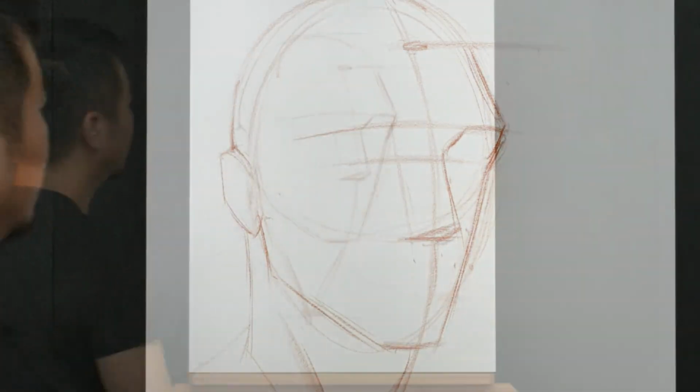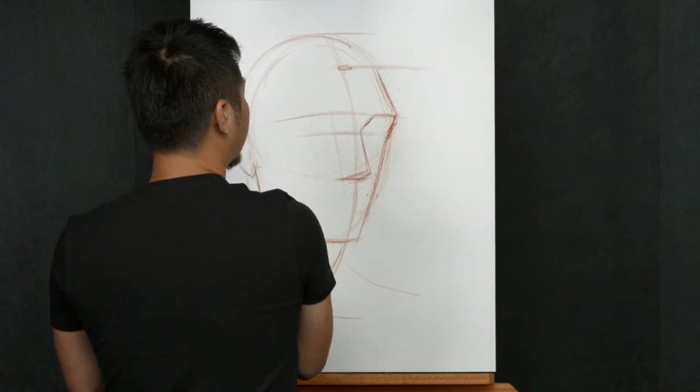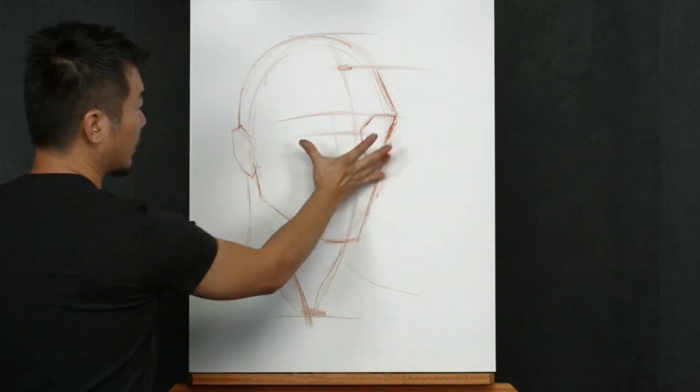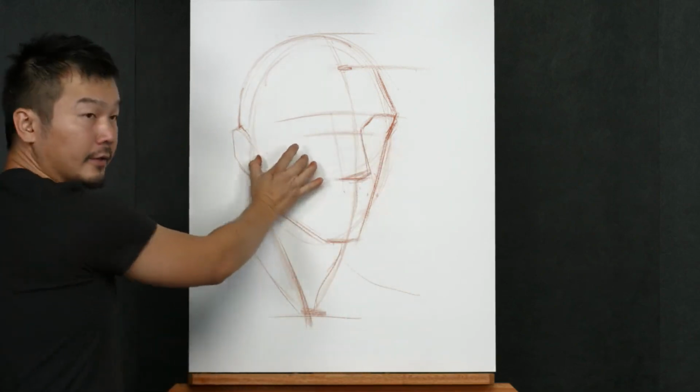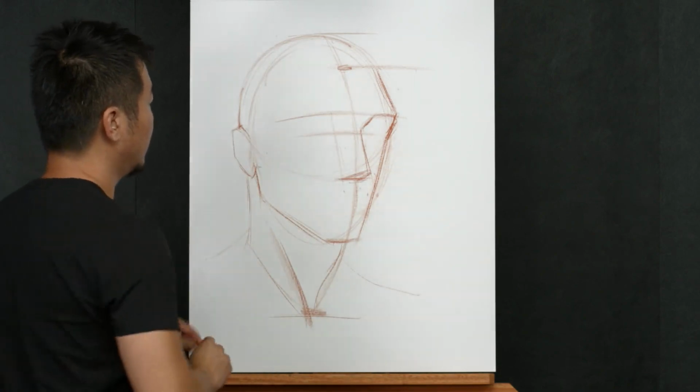Okay. So here's the thing. Like I said, one thing you have to be aware of when you're drawing 3/4 view is how much front of the face versus how much side of your cheek or the side plane of your head.